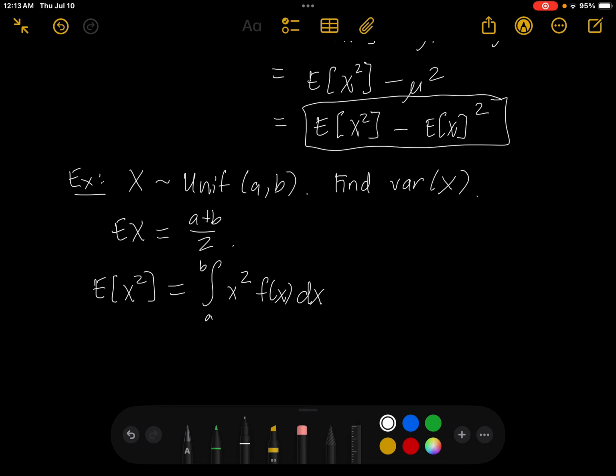So what is the density function of X? Well, X is uniform on [a, b], so f(x), the density function, is just 1 over b minus a.